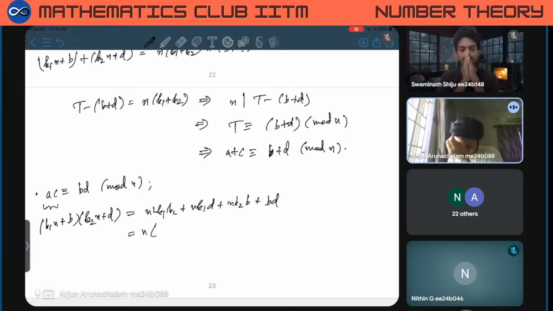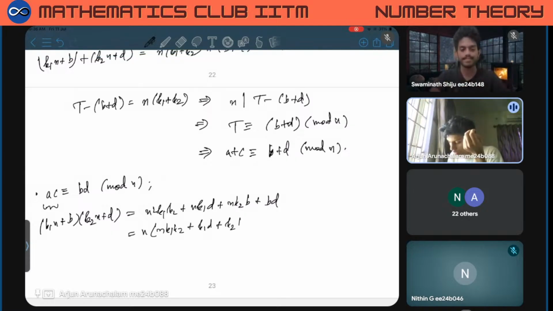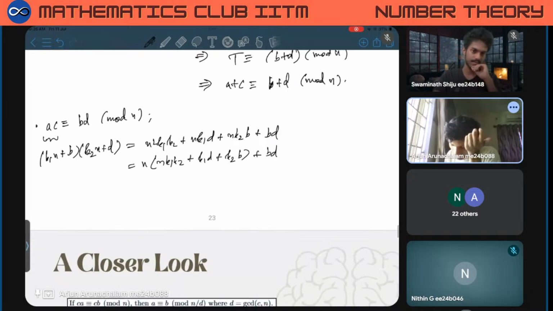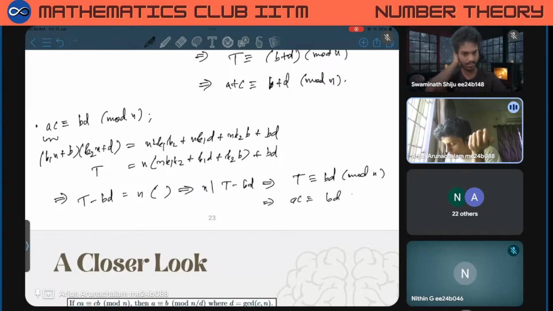Now you write this as n times (n k1 k2 plus k1 D plus k2 B) plus BD. So this implies that, let's say this is t, t minus BD is equal to n times something. So n divides t minus BD. So t is congruent to BD mod n, and t is essentially AC. So AC is congruent to BD mod n. Right?